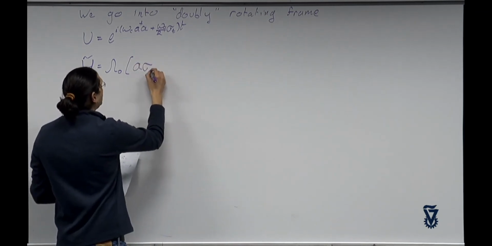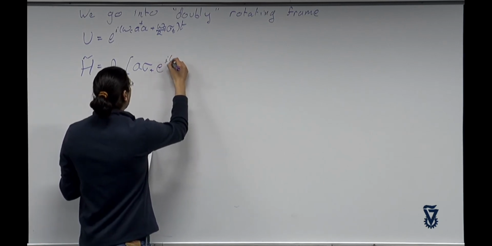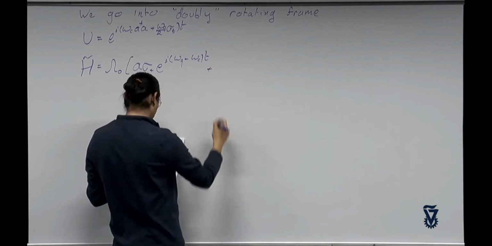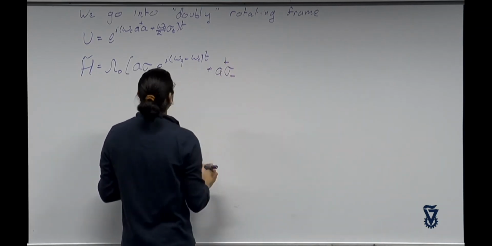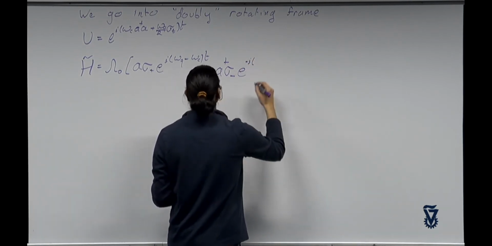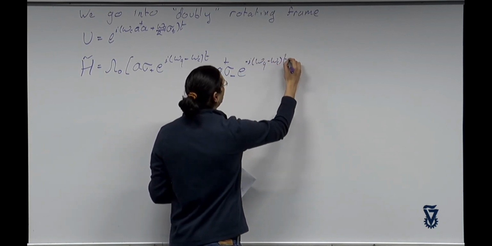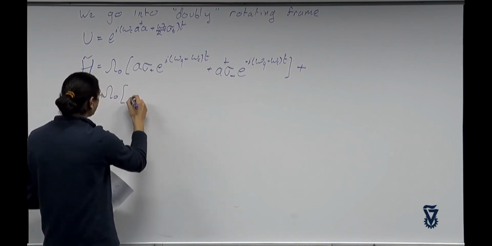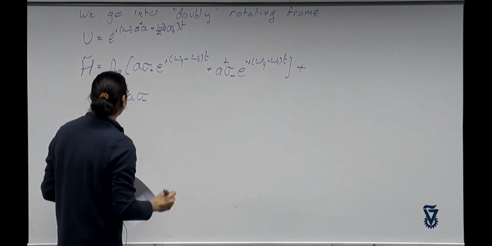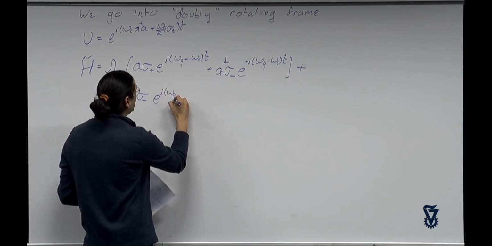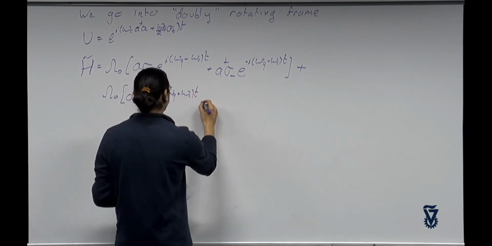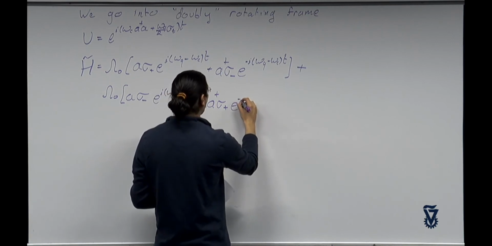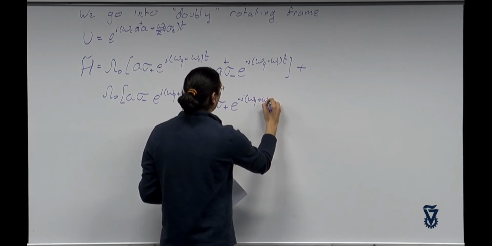And then we have a sigma plus e to the i (omega q minus omega c) t, plus a dagger sigma minus e to the minus i (omega q minus omega c) t, plus two more terms, also omega naught, a sigma minus e to the i (omega q plus omega c) t, plus a dagger sigma plus e to the minus i (omega q plus omega c) t.